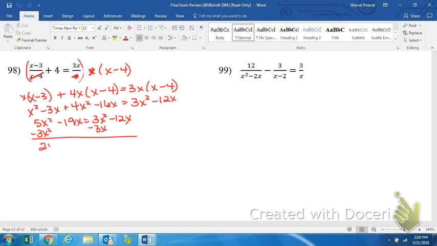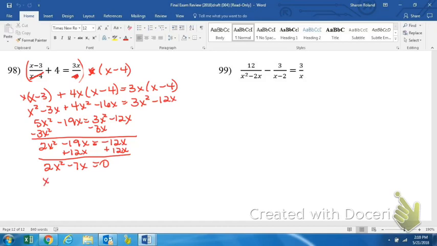And you have 2x squared minus 19x equals negative 12x. I'm going to add 12x to both sides. So you have 2x squared minus 7x equals 0.